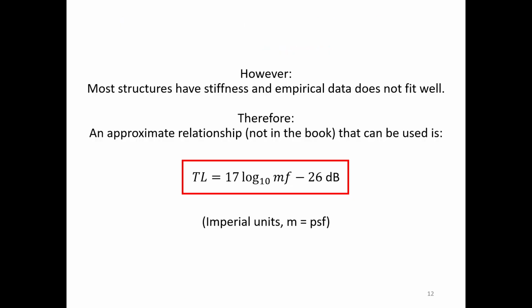So this isn't in the book, but some people have done studies comparing this simple equation to common building materials like gypsum board. So if you are in an architectural situation, and you have these stiff materials, then this equation here has been adjusted to fit that empirical data better.